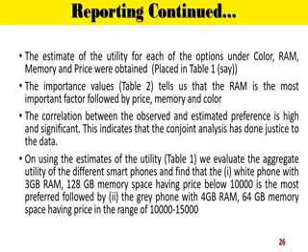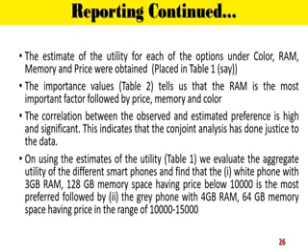Table 2, the importance values, tells us that RAM is the most important factor, followed by price, memory, and color. The correlation between the observed and the estimated preferences is high and significant. This indicates that conjoint analysis has done justice to the data.